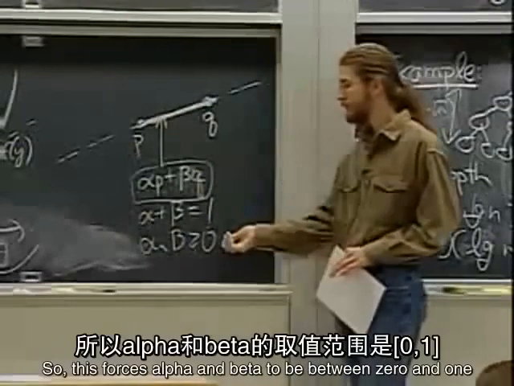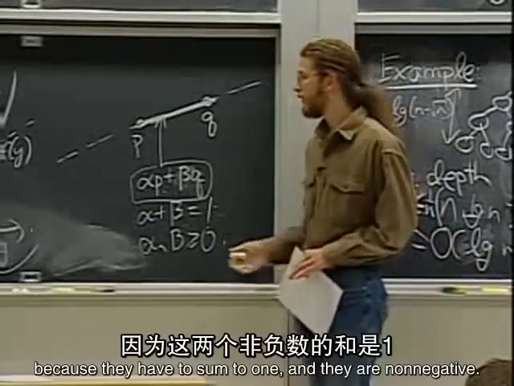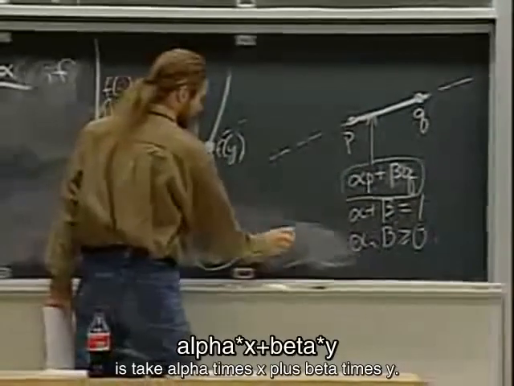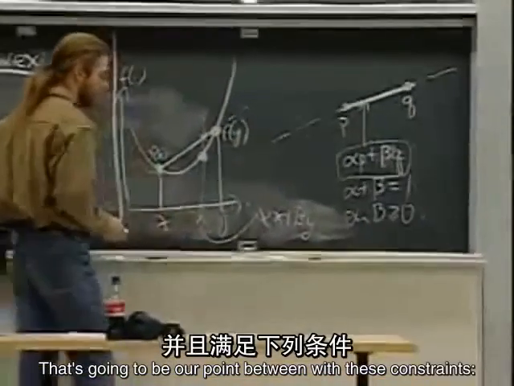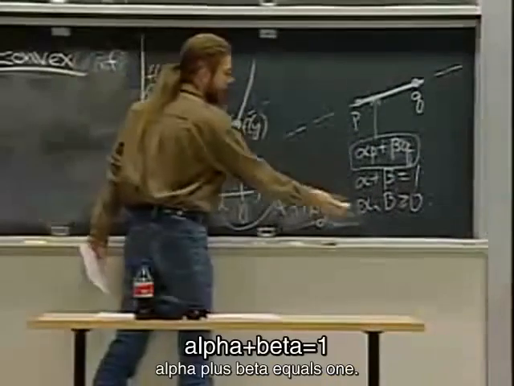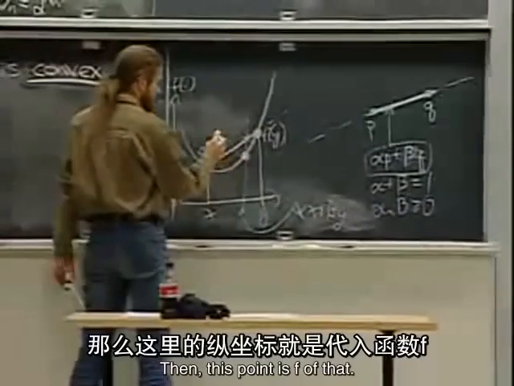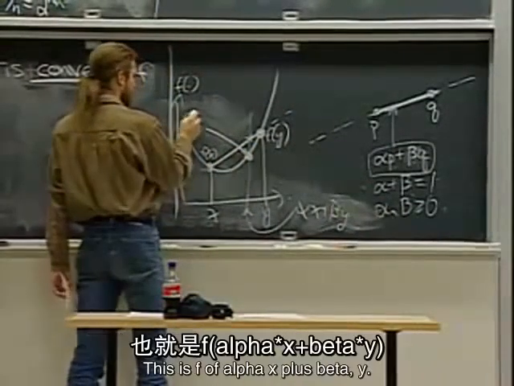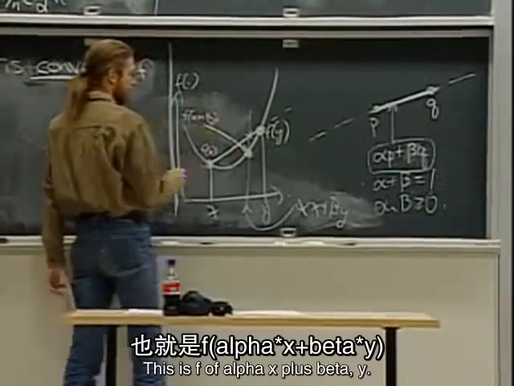So this forces alpha and beta to be between 0 and 1, because they have to sum to 1 and they're non-negative. So what we're going to do here is take alpha times x plus beta times y. That's going to be our point in between. With these constraints, alpha plus beta equals 1, alpha and beta greater than or equal to 0, this point is f of alpha x plus beta y.